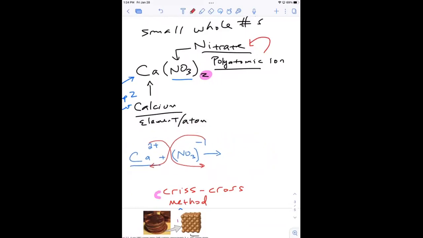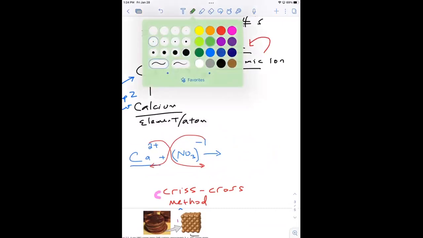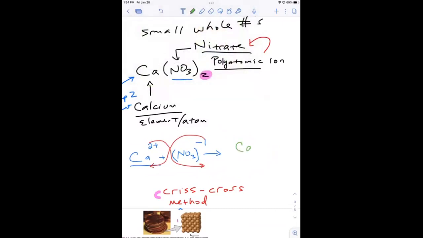we have Ca and then NO3, 2, right? The 2 goes outside the parentheses, and then the 1 is understood to be here, but we don't have to show it. Right. So what's the ratio in this particular case of calcium to nitrogen?